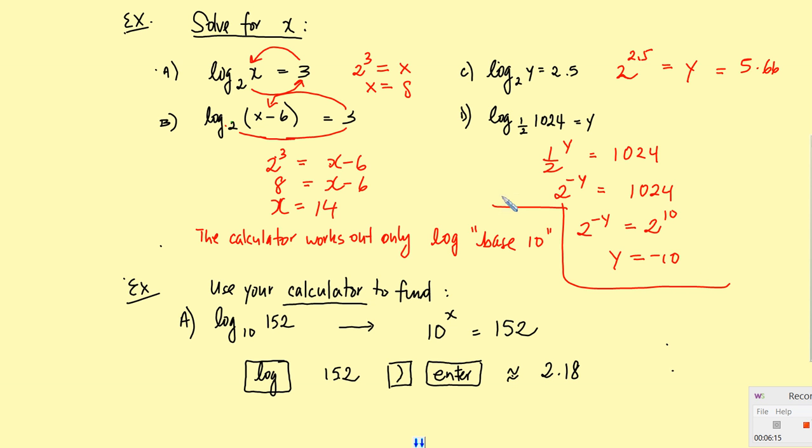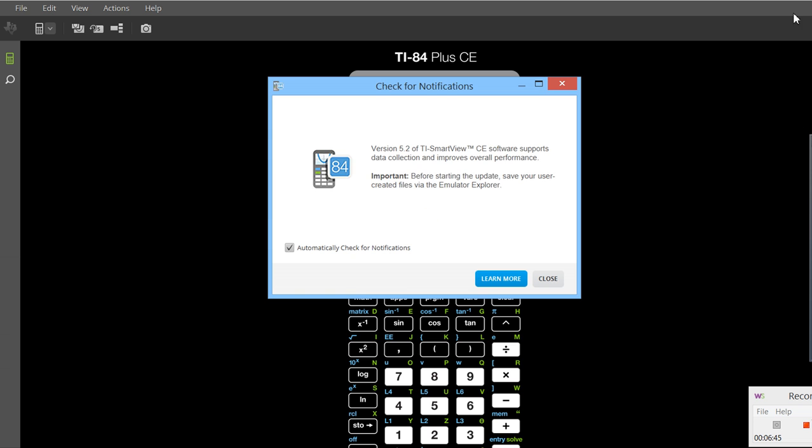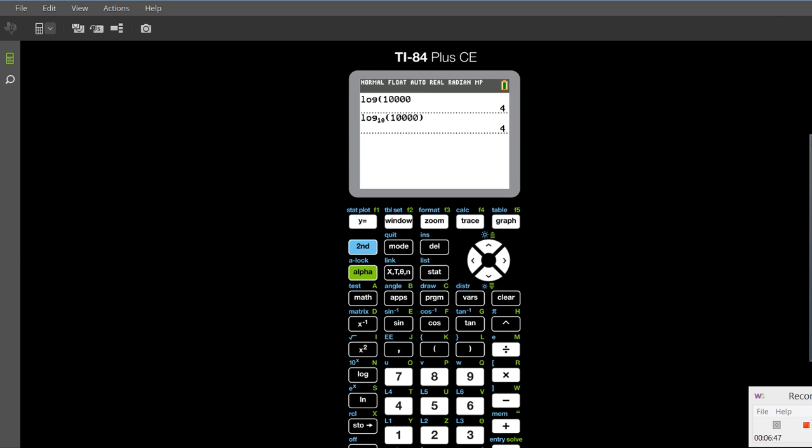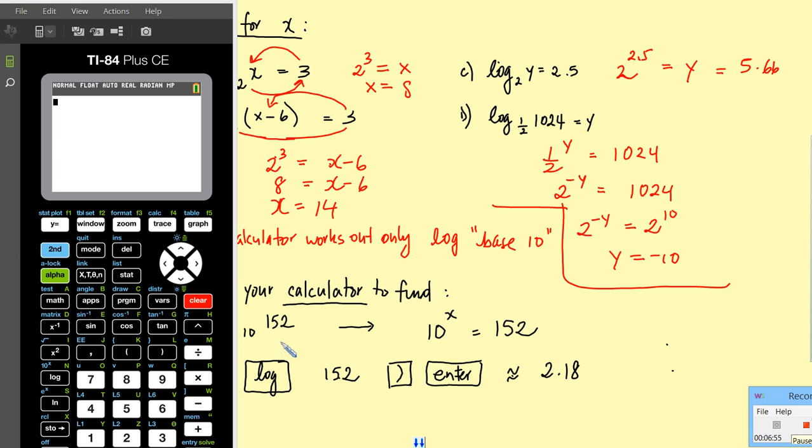Now, just keep in mind that when we are working with our calculators, if we're taking the logarithm base 10 of 152, we could do this in two ways.